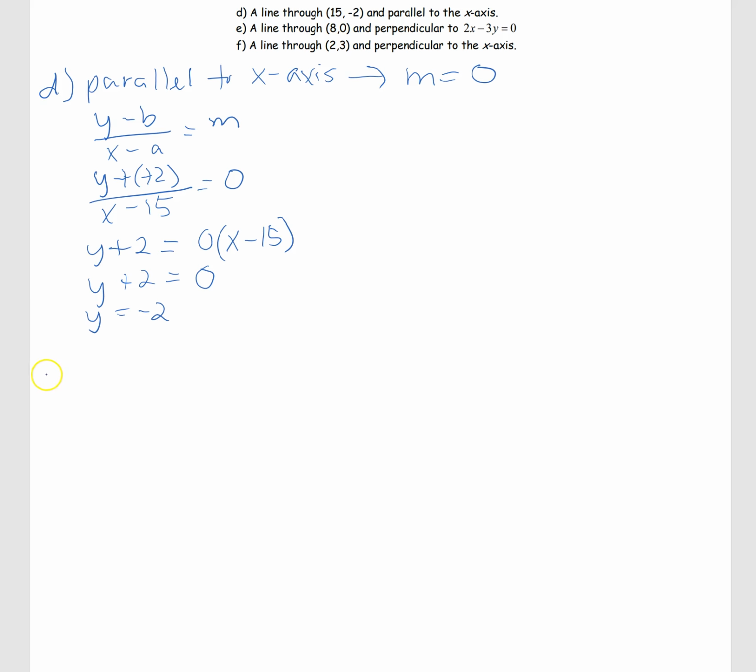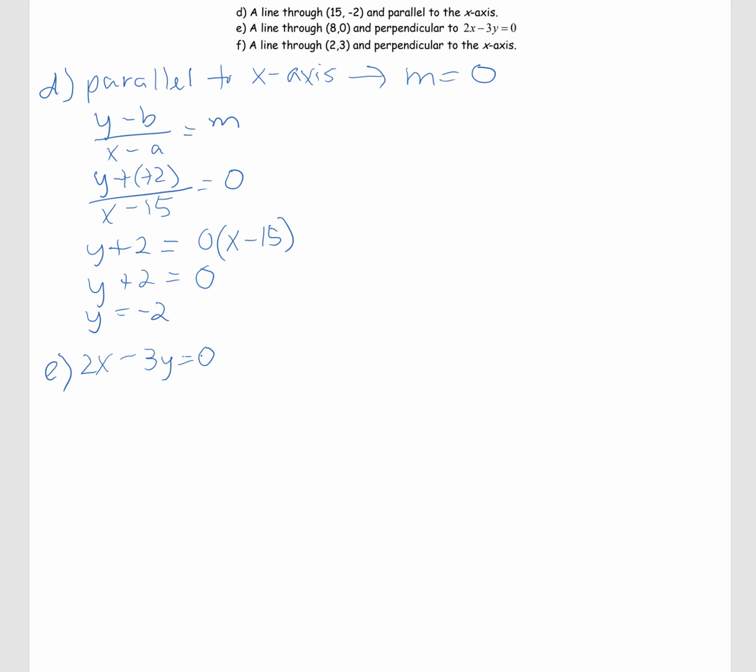So moving on to part E. This line goes through the point 8, 0, and is perpendicular to 2x minus 3y equals 0. So the first thing to do is find out the slope of that line that we've been told it's perpendicular to. So rewriting that, it's 2x minus 3y equals 0.